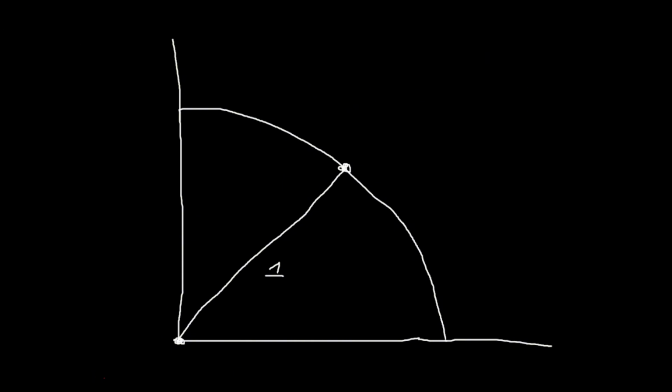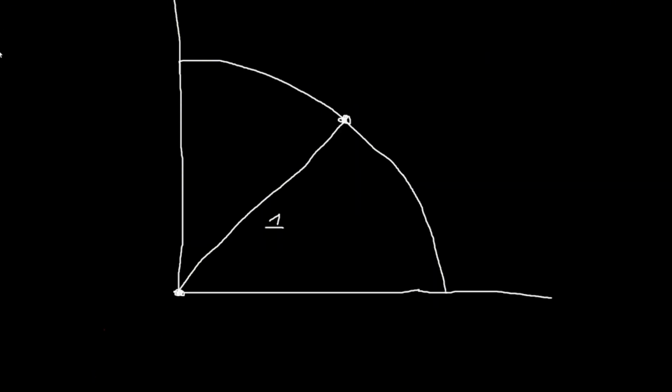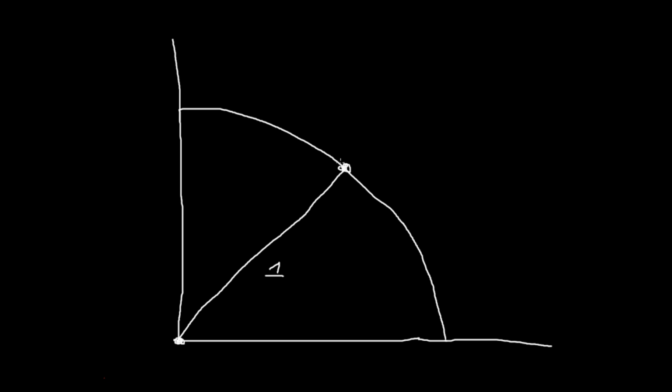And it's because of the properties of their ratios, because sine is opposite over hypotenuse, and the hypotenuse is just 1. So sine would just be this red line, and then same thing for cosine. It's adjacent over hypotenuse, but hypotenuse is 1, so it's just going to be this green line.